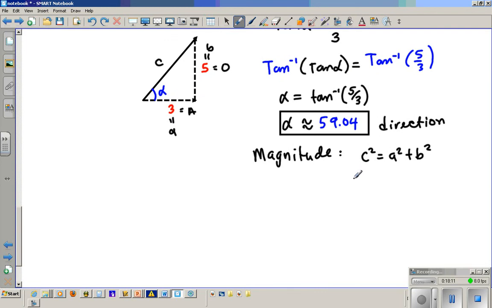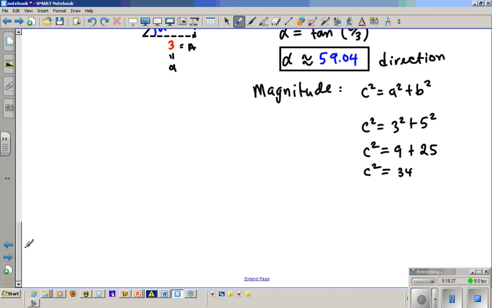So c squared equals 3 squared plus 5 squared. So c squared equals 9 plus 25. C squared equals 34. Hence, c equals the square root of 34. So your magnitude is the square root of 34. Alright? So that's basically that.